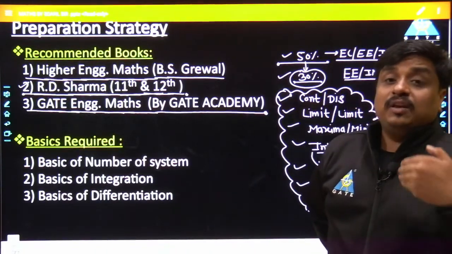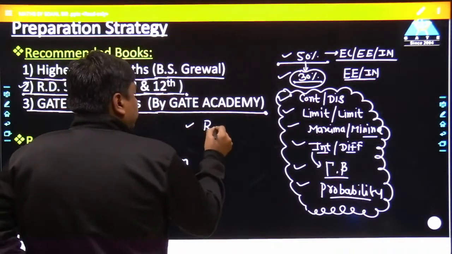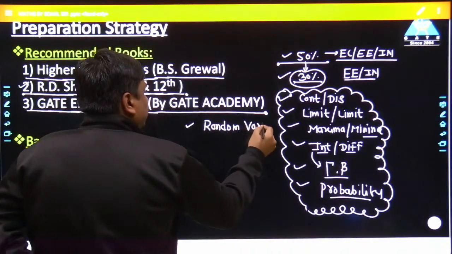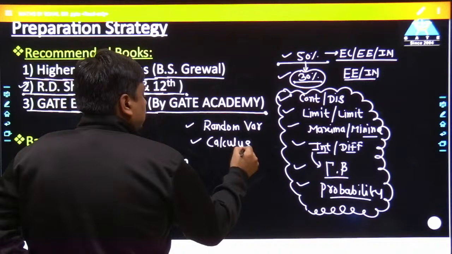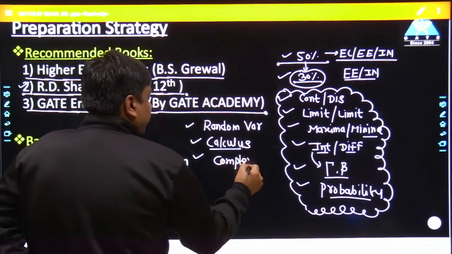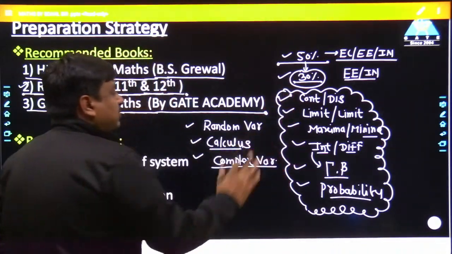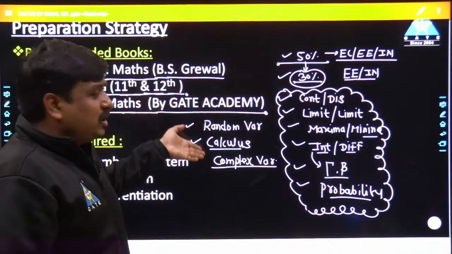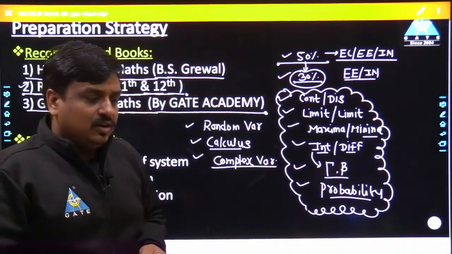Now, a few of the topics like random variable, complex variable, those parts are not well dealt with in R.D. Sharma. So definitely if you are finding any sort of doubt over these particular topics, you can refer back to the Higher Engineering Mathematics by B.S. Grewal.